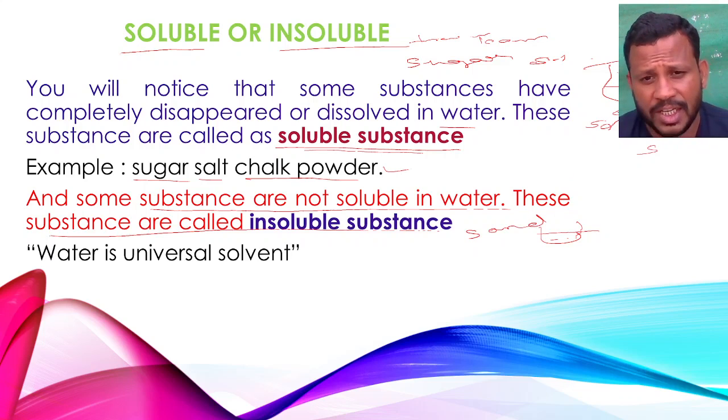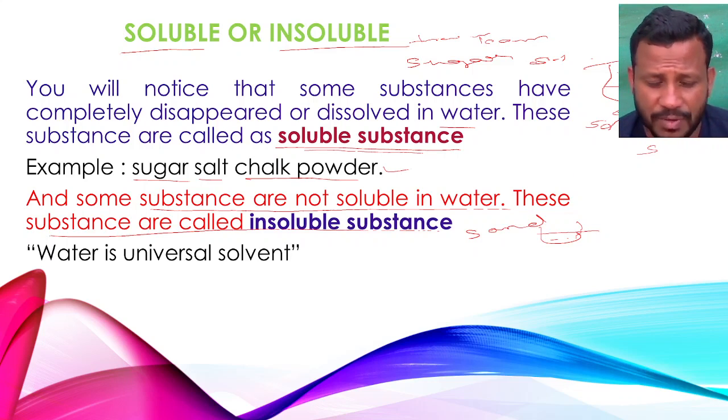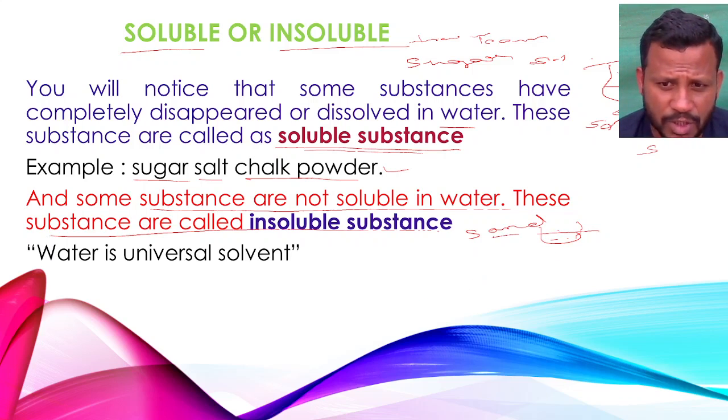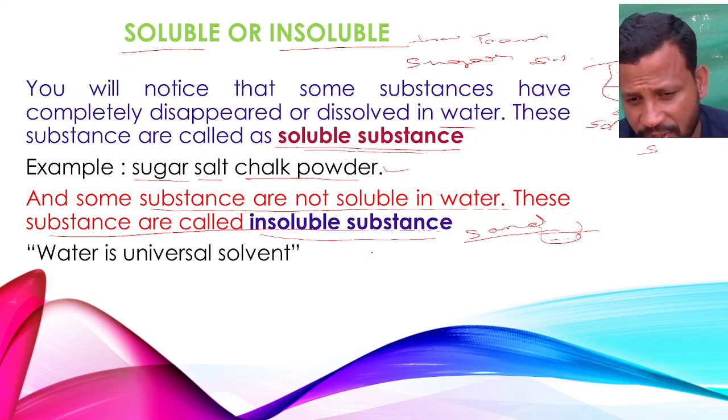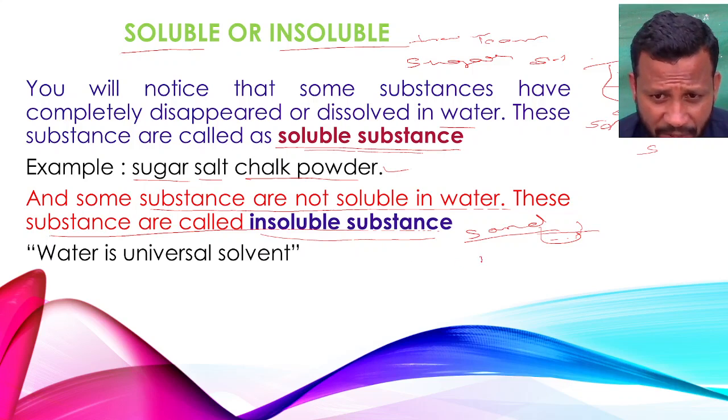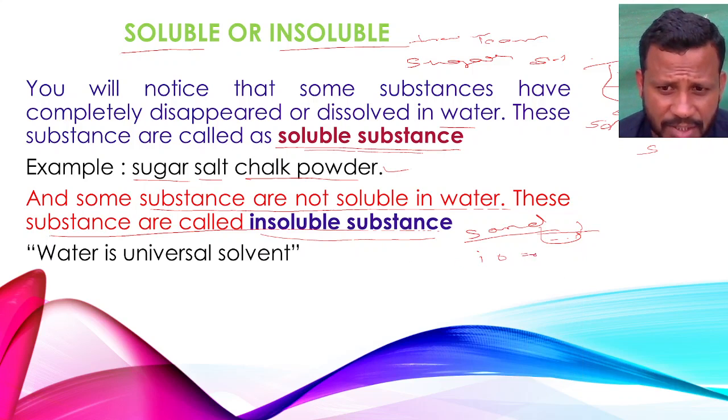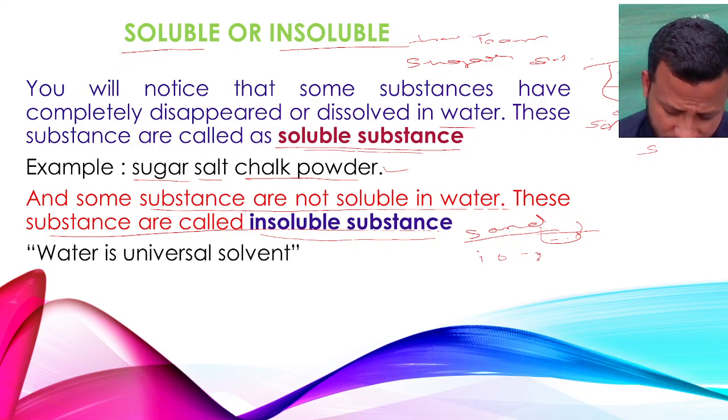Why? Because it is an insoluble substance. That's why the sand does not dissolve in the water. These substances are known as insoluble substances. You can also take iron filings.